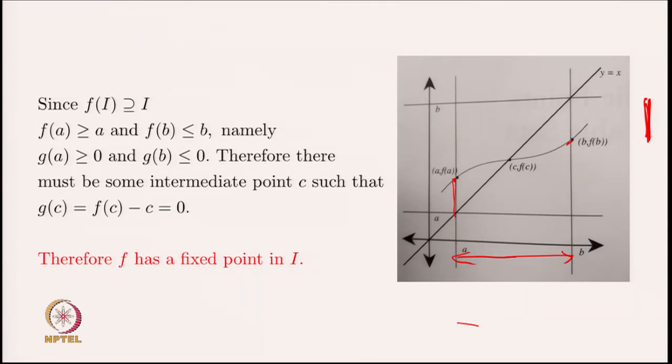Therefore, somewhere in between g must be equal to 0, namely there must be some point c such that g of c, which is f c minus c, is equal to 0, and therefore f has a fixed point in I, namely the point c.